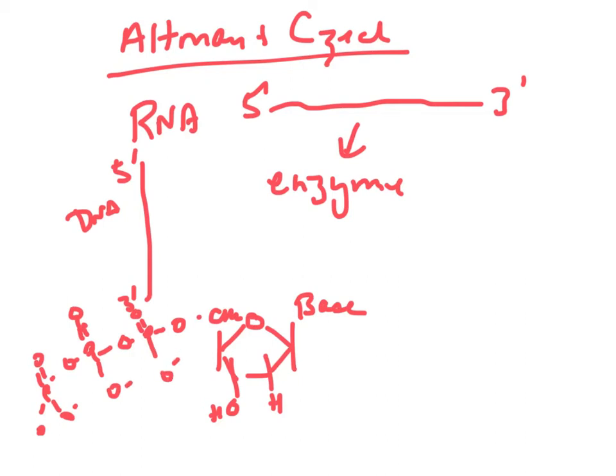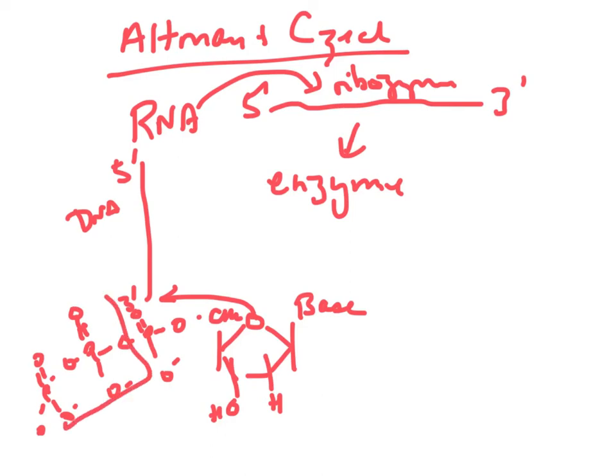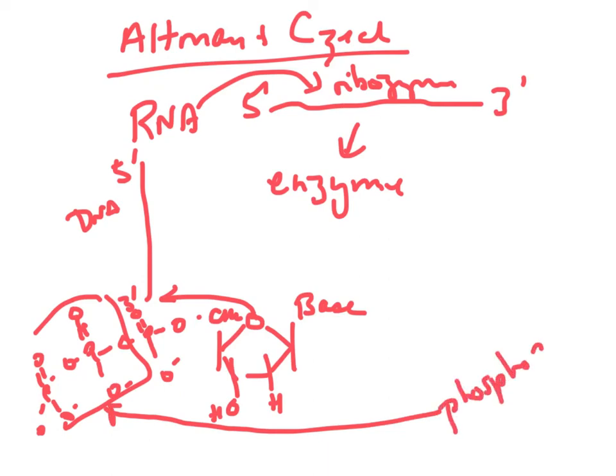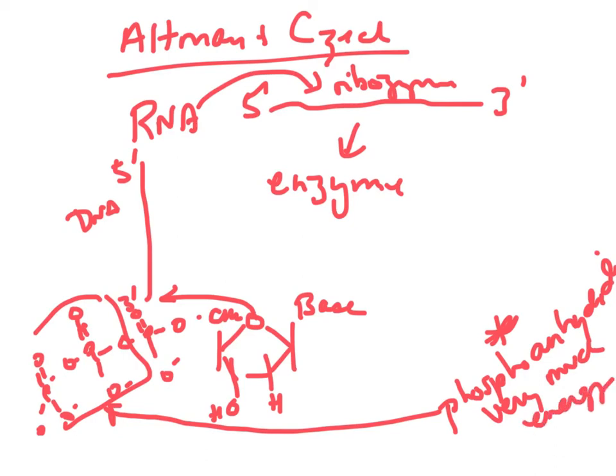Okay, so if this RNA is the ribozyme, it is able to place this next nucleotide on this sugar phosphate backbone using the energy that's stored in these bonds out here. These bonds are called phosphoanhydride bonds. A lot of energy is stored in that bond.